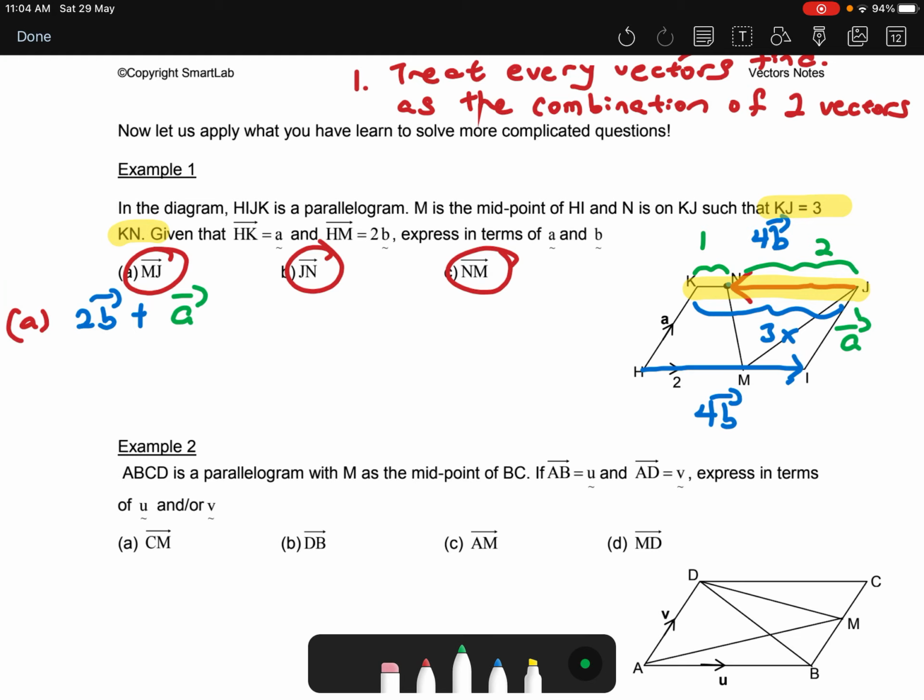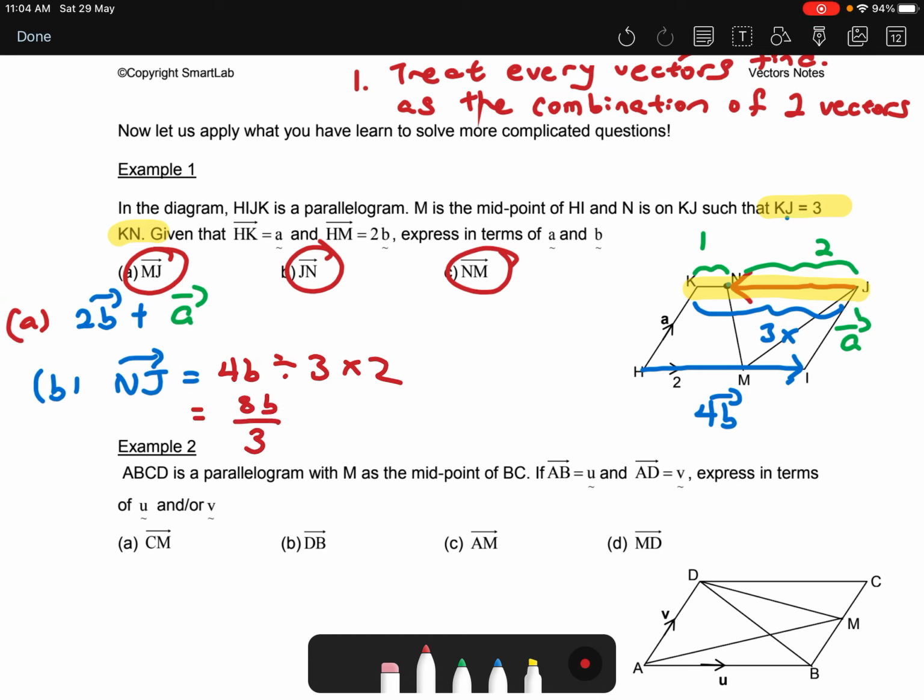You just need to do your so-called ratio. So your NJ is equal to 4b divided by 3 units multiplied by 2. You should get 8b over 3.